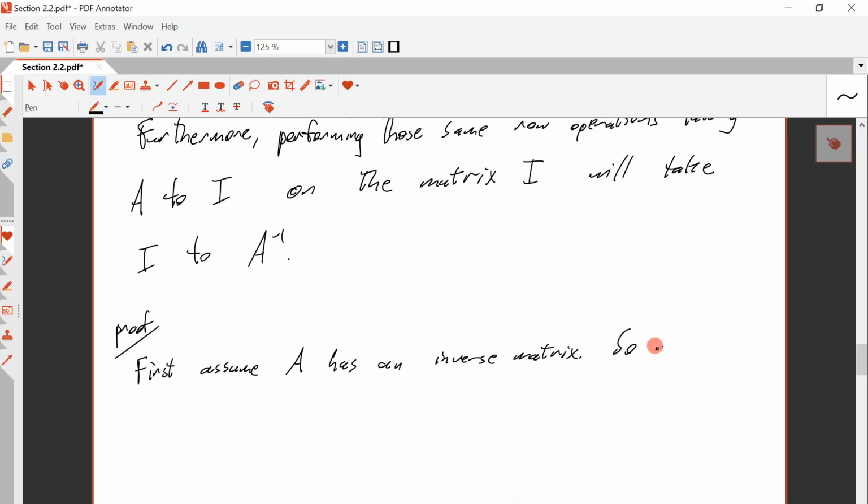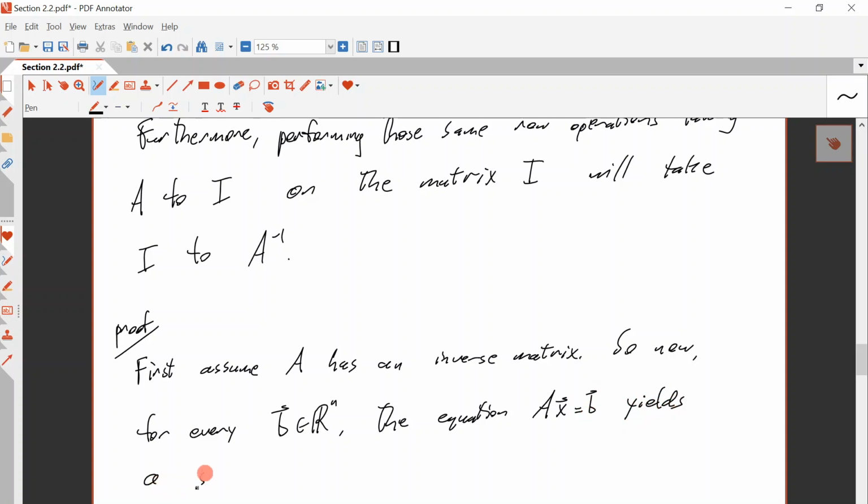So now, for every B in R n, the equation A times X equal to B yields a solution as follows.